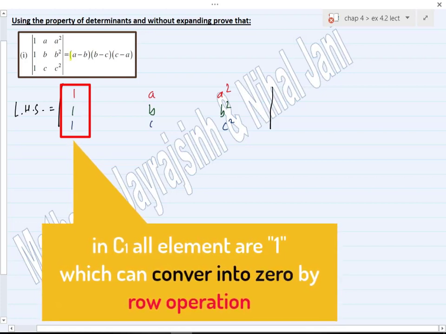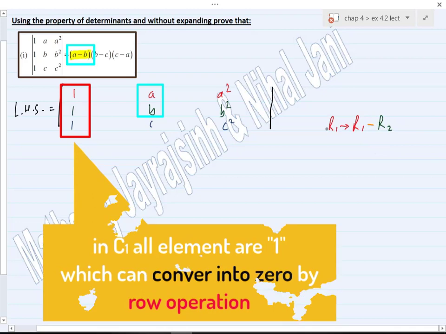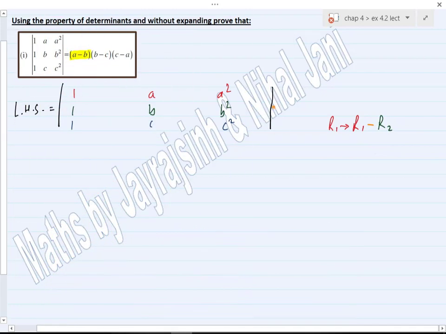Second thing, to get the a minus b factor, the preferable operation is R1 gives R1 minus R2. So we have to multiply minus 1 with the second row and add into the first row.